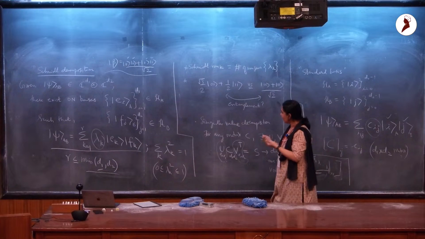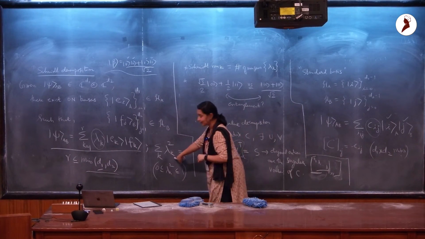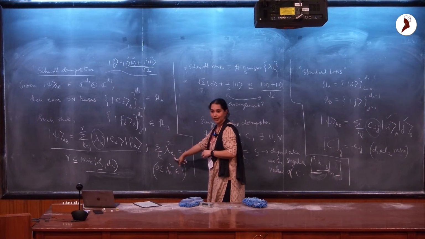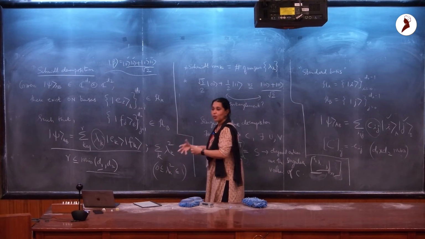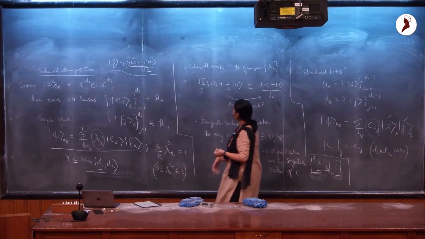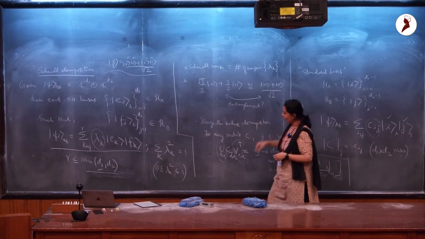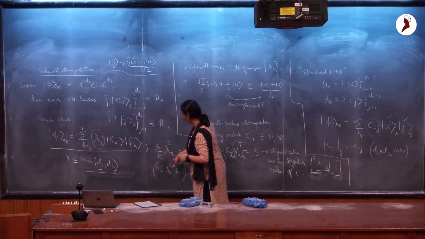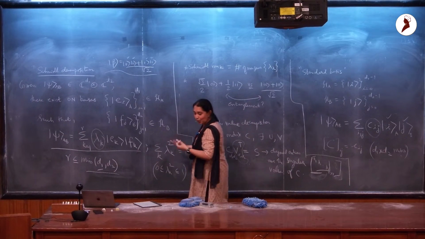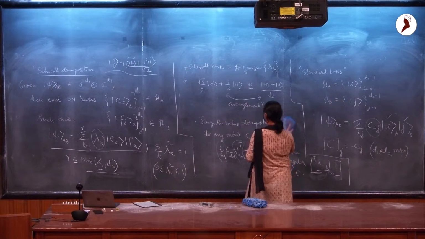So a more refined measure of entanglement would be to actually consider this probability distribution lambda_k squared and ask what is the Shannon entropy of this distribution. The more spread out this distribution is, the more entangled you are, okay? The higher the entropy of these Schmidt coefficients is, the more entangled you are, and we'll maybe see this.